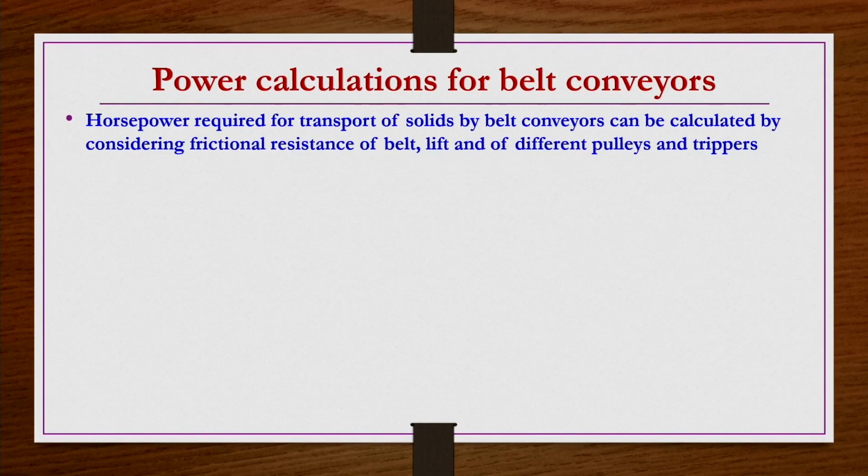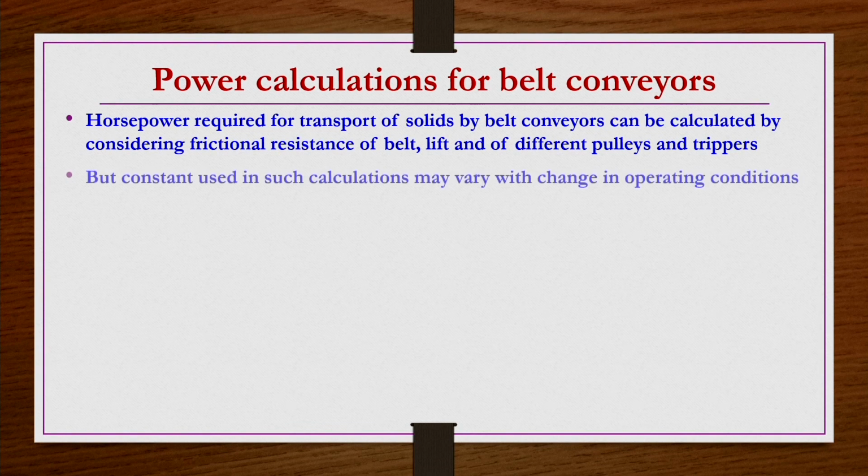You can do it by simple calculation, by considering the frictional resistance amongst the elements like belts, idlers, pulleys, trippers, etc. Right. However, when you do these calculations, you may come across several constants which may vary with the type of material and the operating conditions.